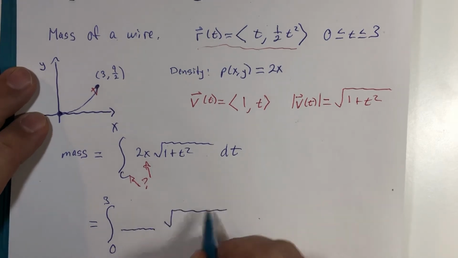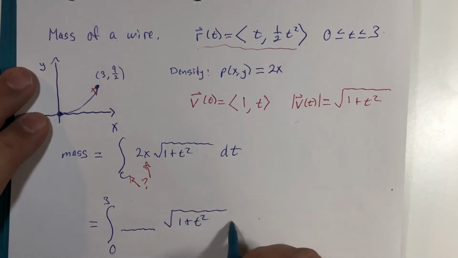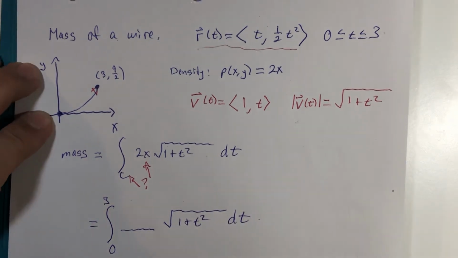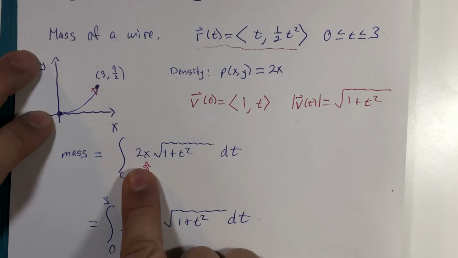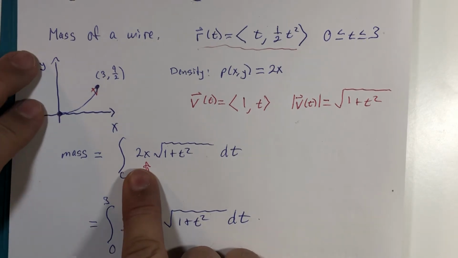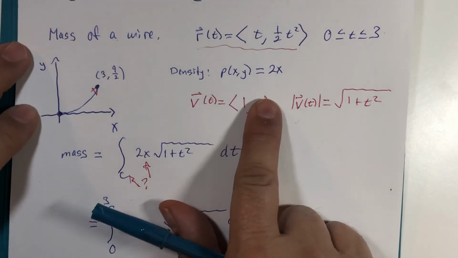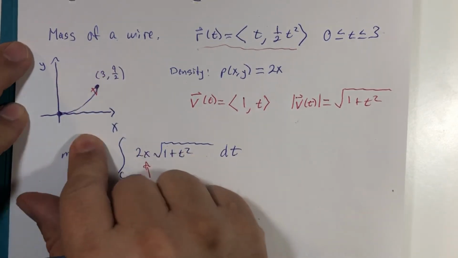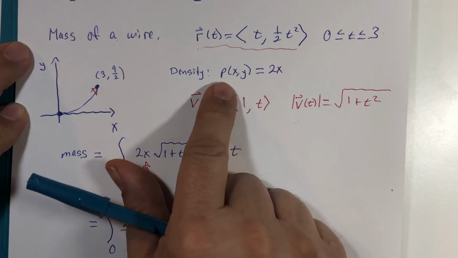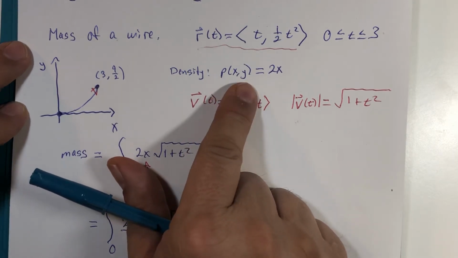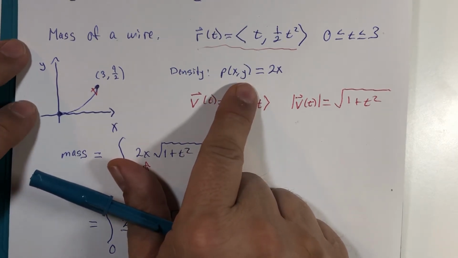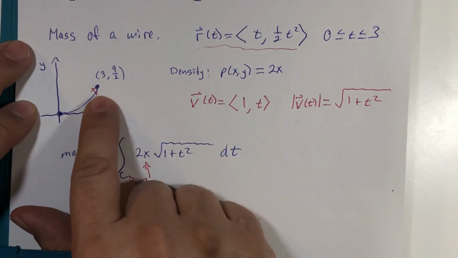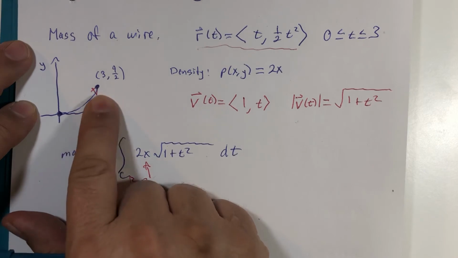Next, I do know a good bulk of what's in the integral. But what is x? Well, the density function refers to the density of anywhere in the xy plane. It says rho of x and y, all x and y values. All we care about is the density on the curve or line itself.